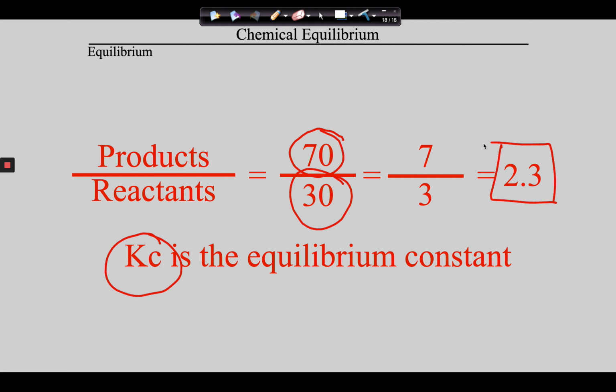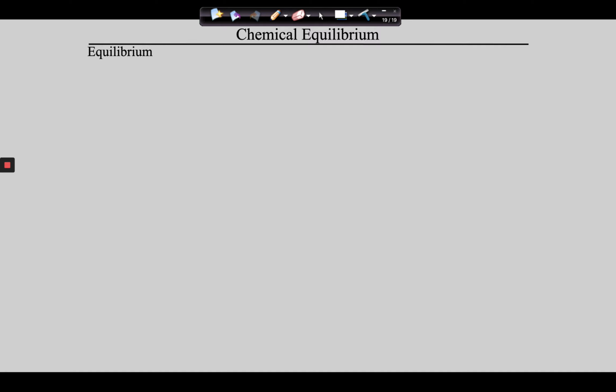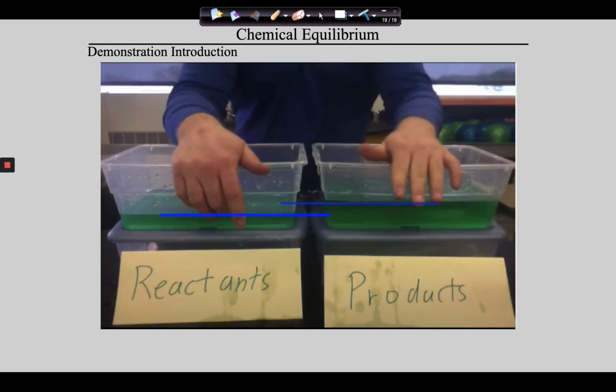And this number, this equilibrium constant, is a constant. Remember, the idea here, guys, is that we could continue to do this reaction over and over and over, and the forward and reverse processes will just continue to undo each other.